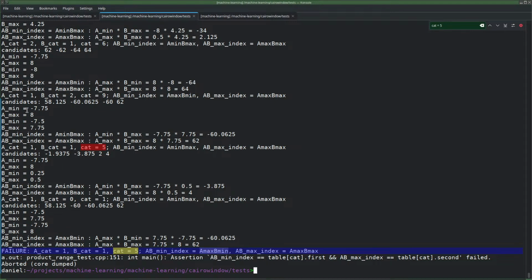Well, in this case, min is less than max and min is less than max. And here min is less than max and min is less than max. And this is negative and positive, negative and positive, negative and positive and negative and positive.